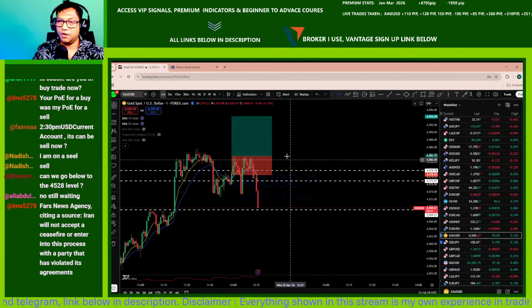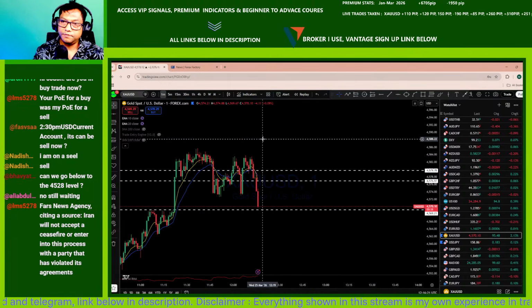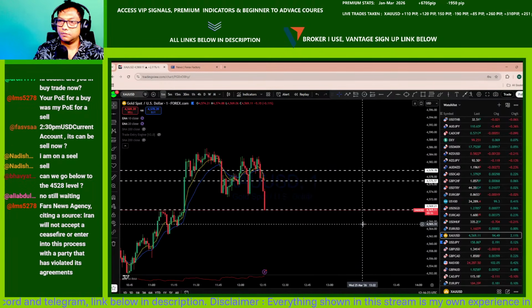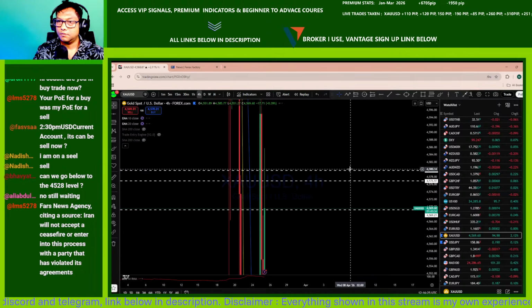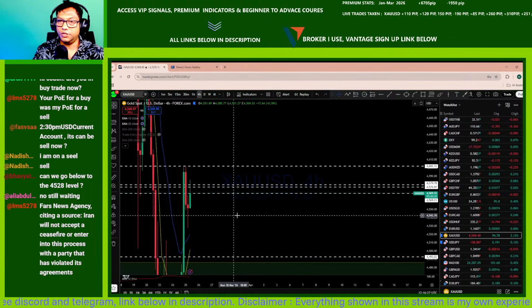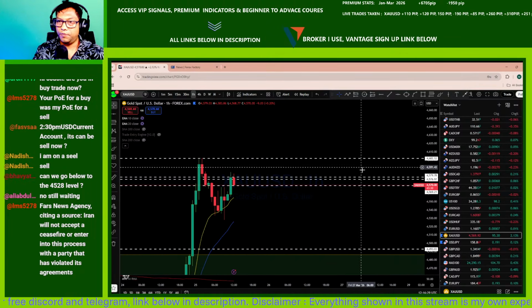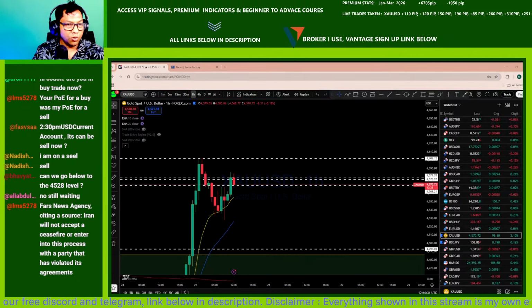It just has broken back below. So it didn't trigger. I'm taking the pending order off. We'll be looking at a new zone to look for the entry.